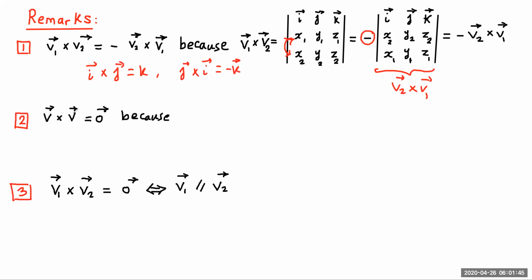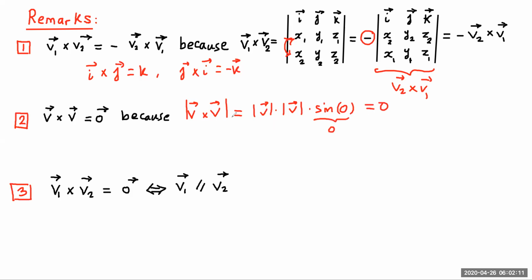Remark 2. V cross V equals the vector 0. Why? Because the length of V cross V will be length V times length V times sine theta between V and V. So sine 0, and sine 0 is 0.